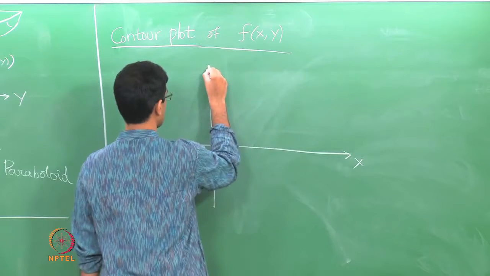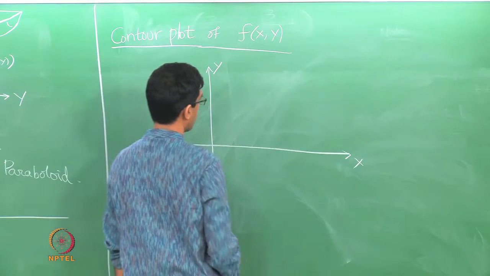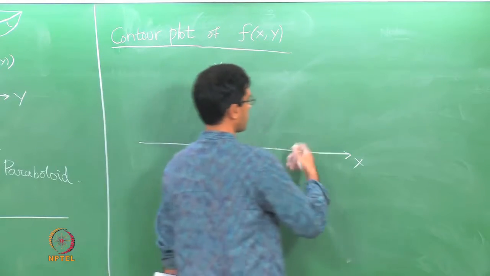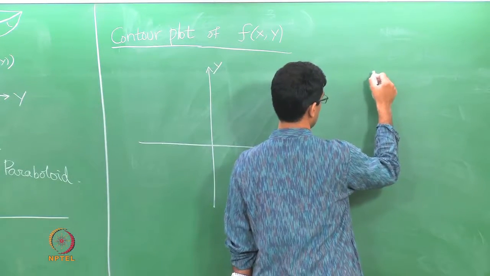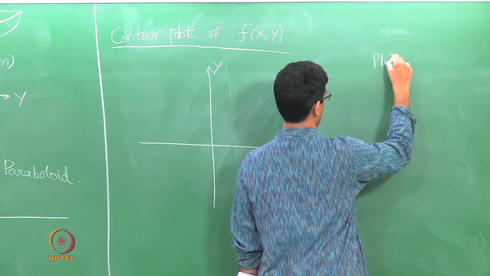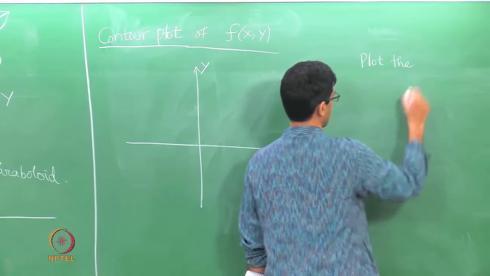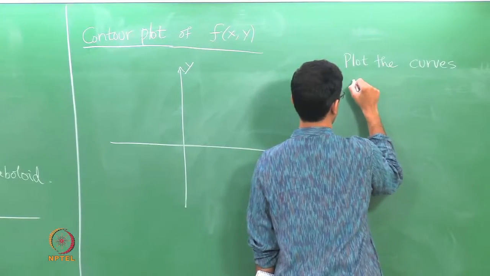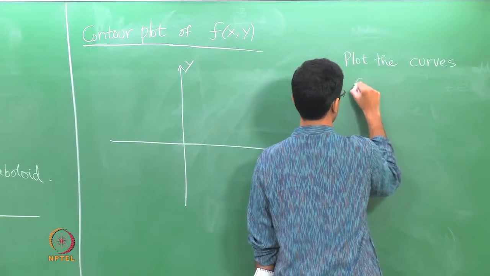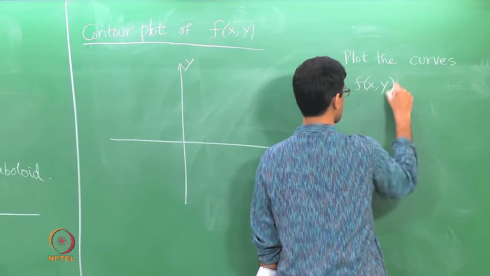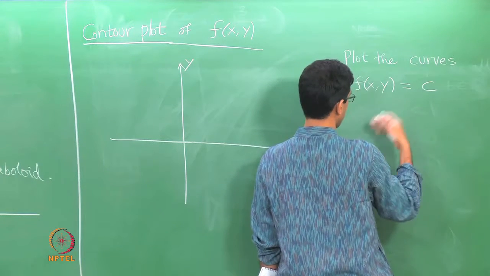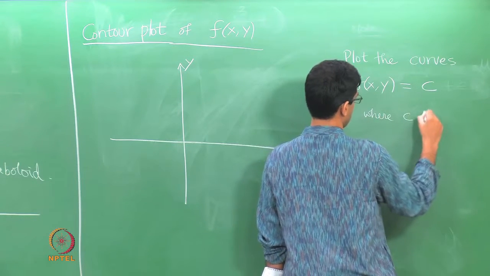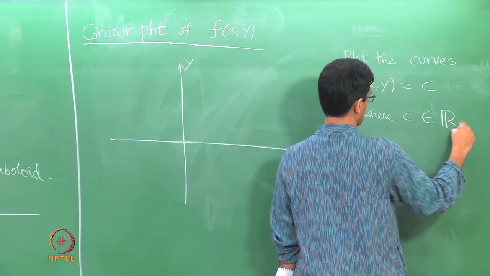Just take the xy plane, and on this plane you plot the curves which are given by the equation f of x y equals c, where c is every possible real constant. So, where c varies over the real numbers.